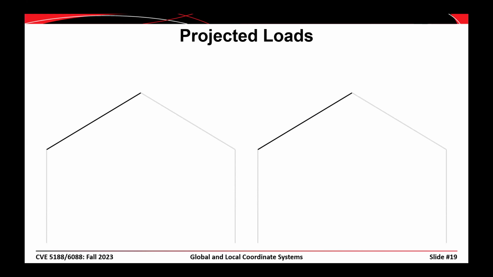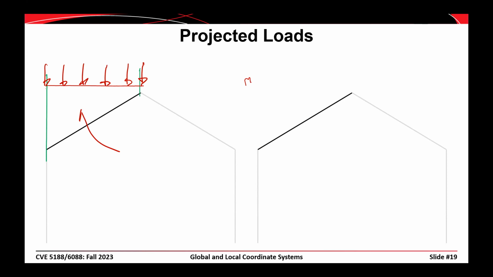And then there's the idea of projected loads, and I alluded to this a little bit the other day. If we look at projected loads, we could have a case of a projected load in one case over here on the left. So this would be a case where that load is applied like this, and the load is applied to the horizontal projection of the member.